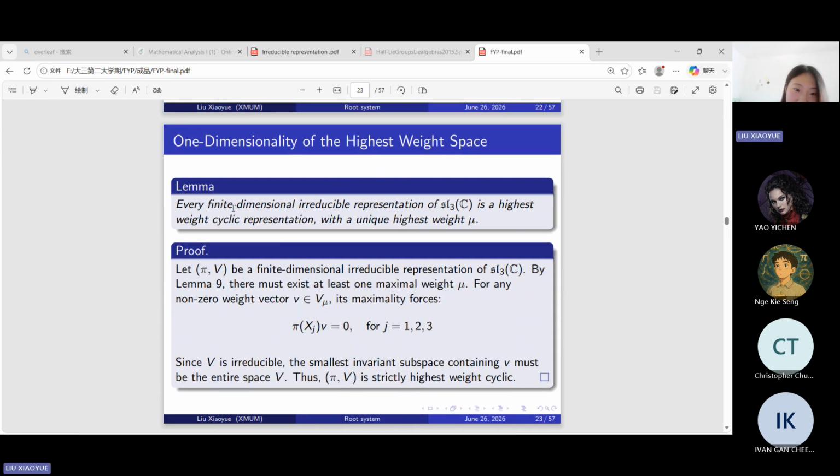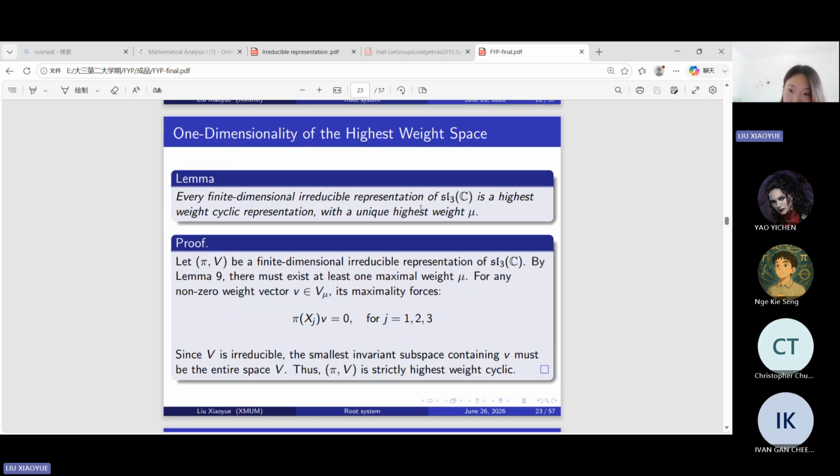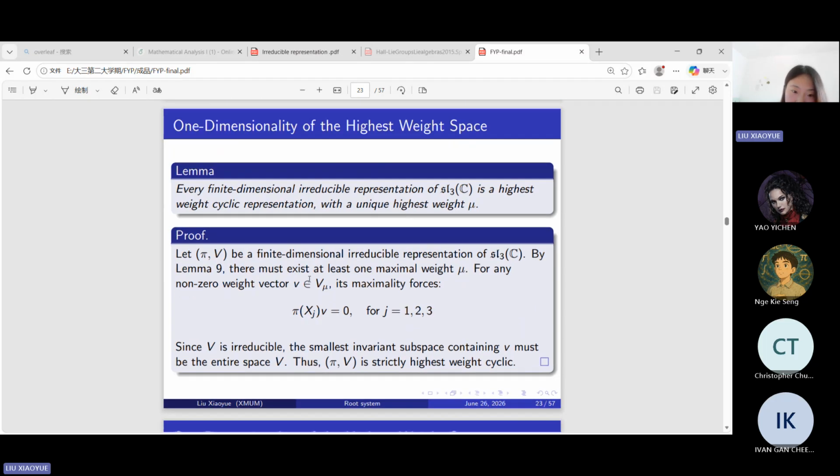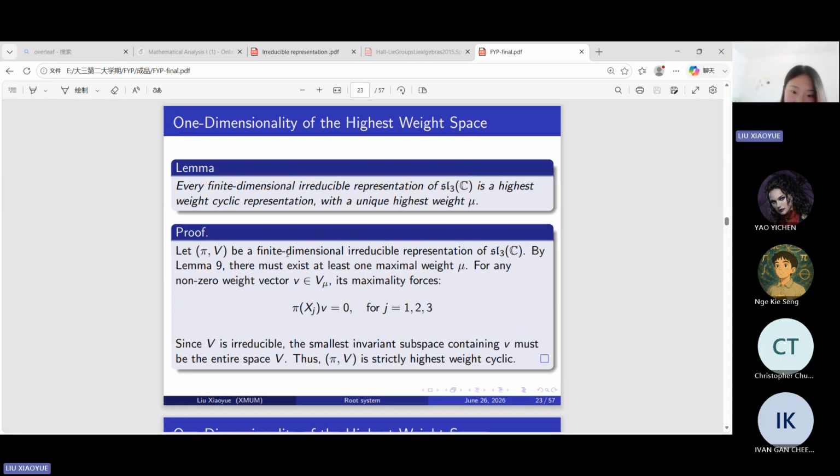This lemma says every finite dimensional irreducible representation of SL3 is a highest weight cyclic representation with a unique highest weight mu. Let pi be a finite dimensional irreducible representation. Then we know that there must exist at least one maximal weight.